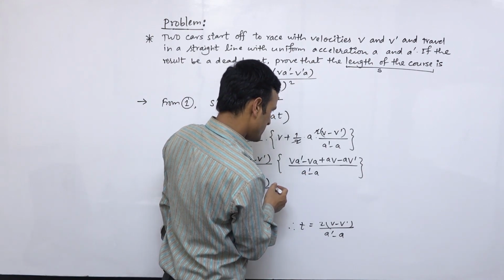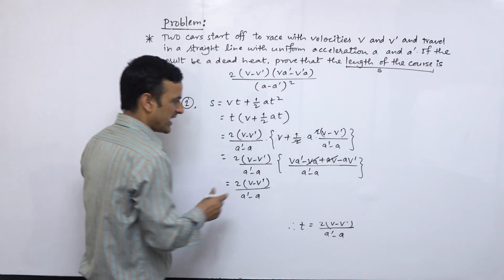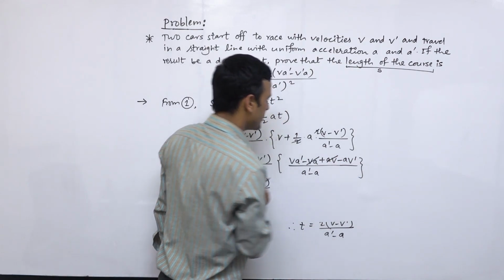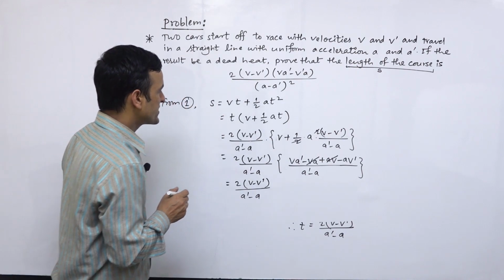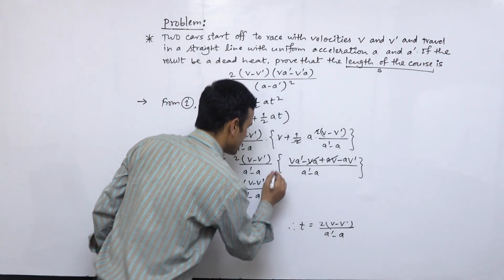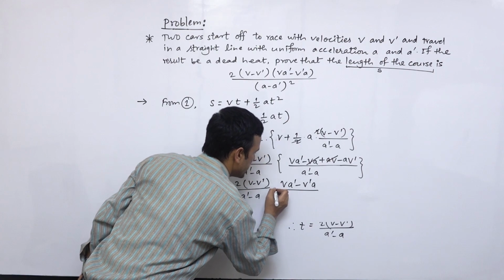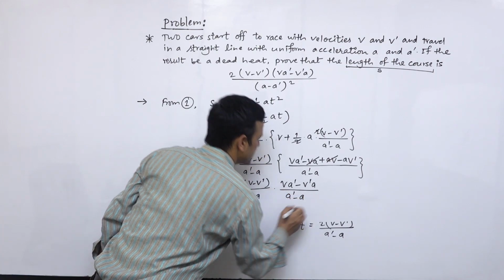So we can b a dash, ba, this ba and ba cancelled, and from b a dash and minus a b dash we can take out common b a dash minus b dash a divided by a dash minus a.